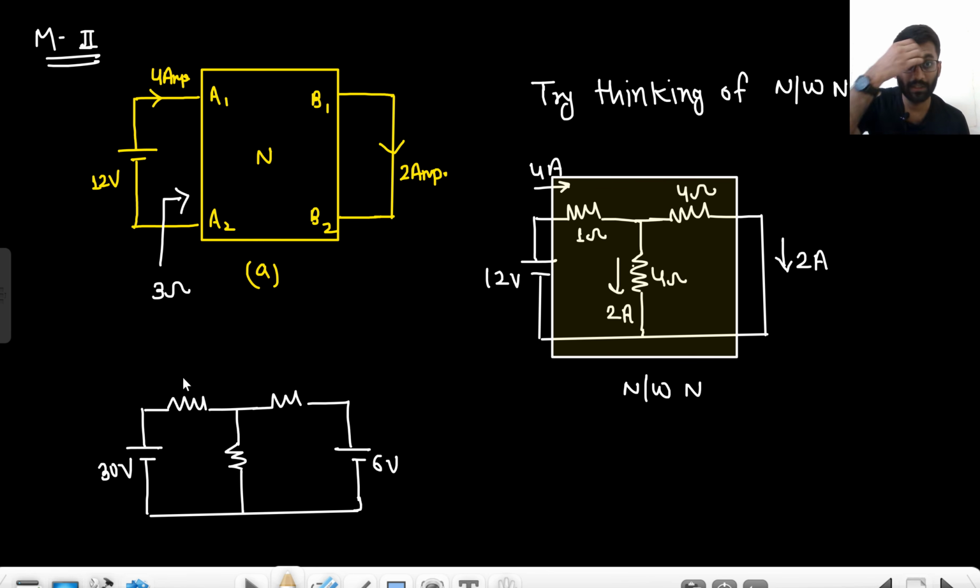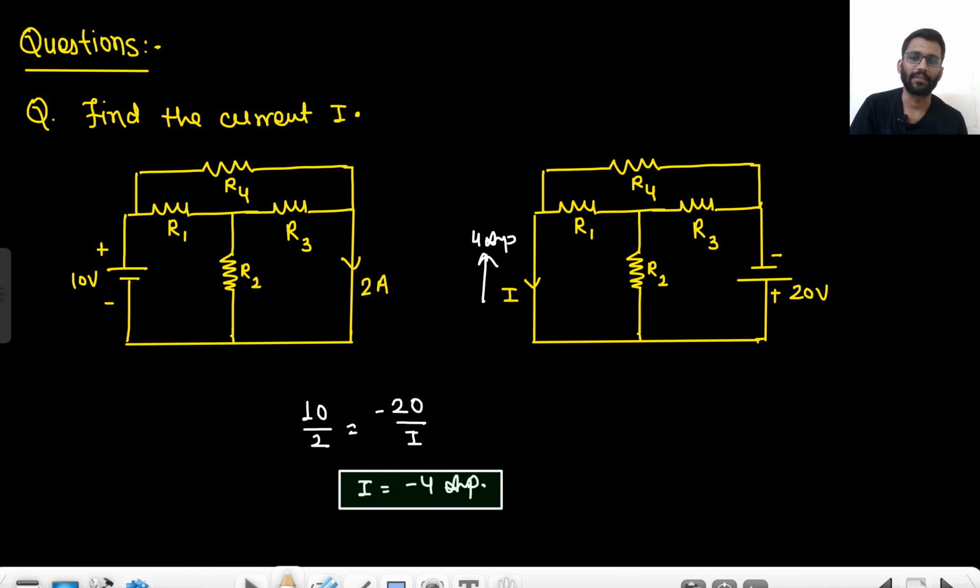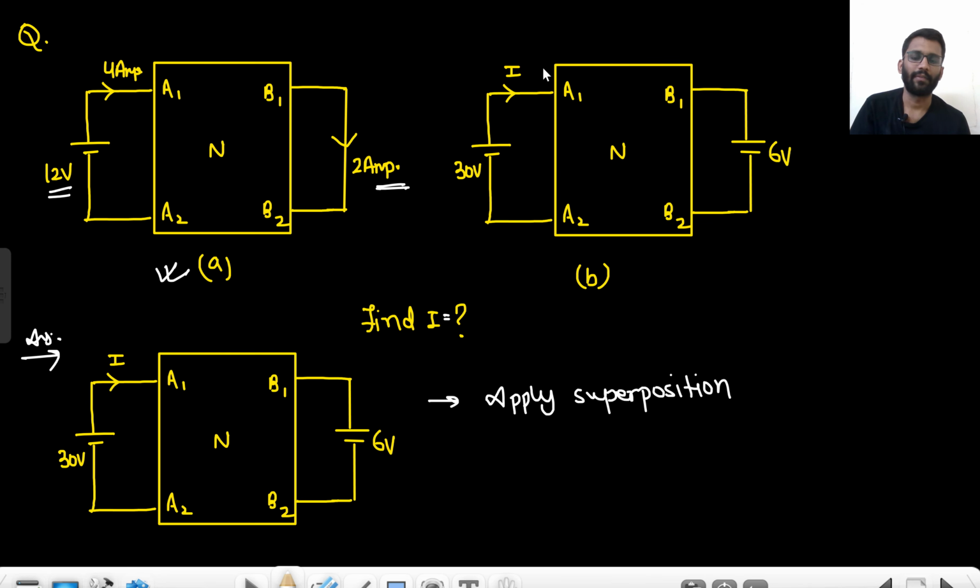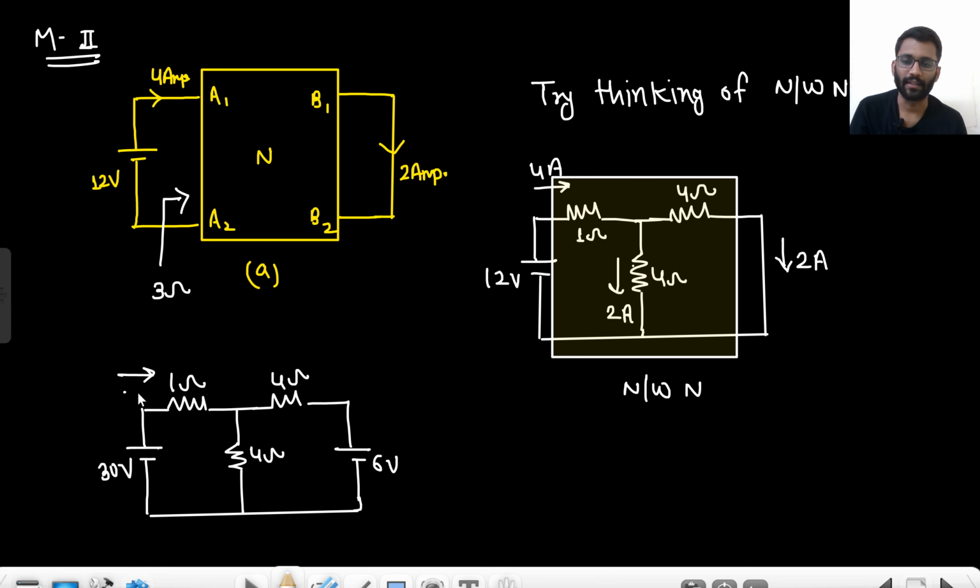This is 1 ohm, this is 4 ohm, and this is 4 ohm. Now you need to find this current I. This is what they asked.